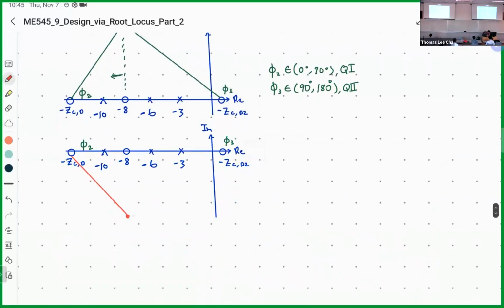The only possible angles are between Q3 and Q4. So phi2, phi3 are bounded between 180 degrees to 360 degrees. So that's between Q3 and Q4.